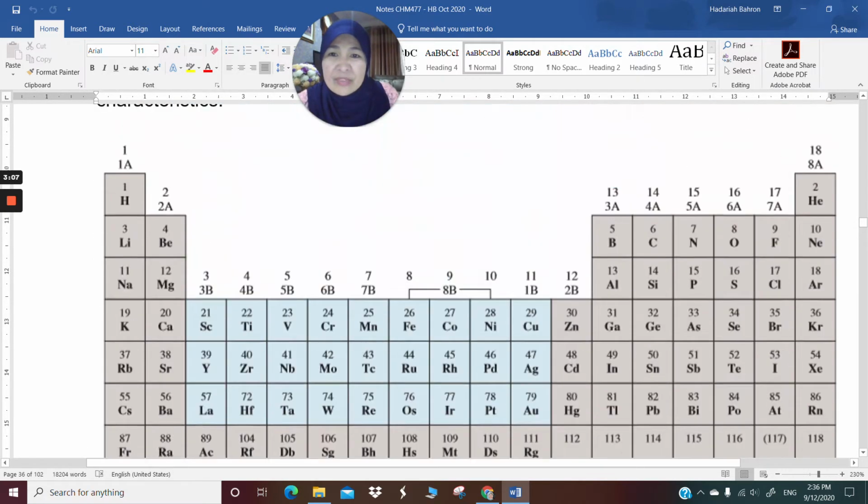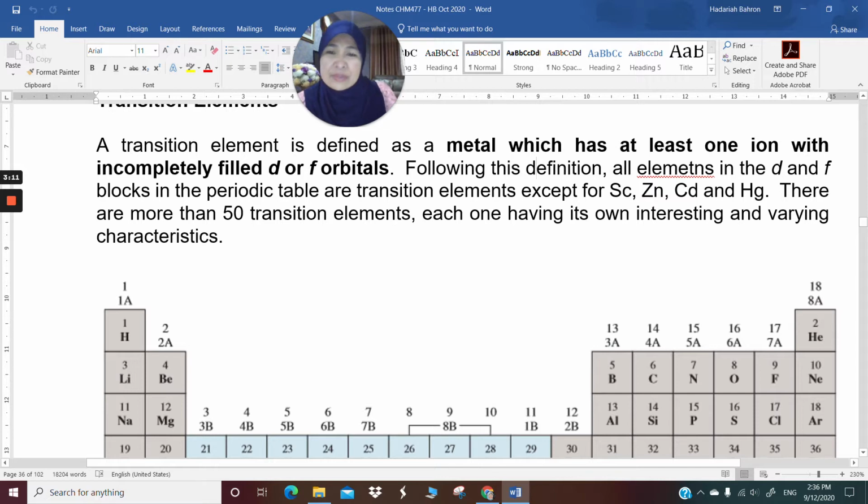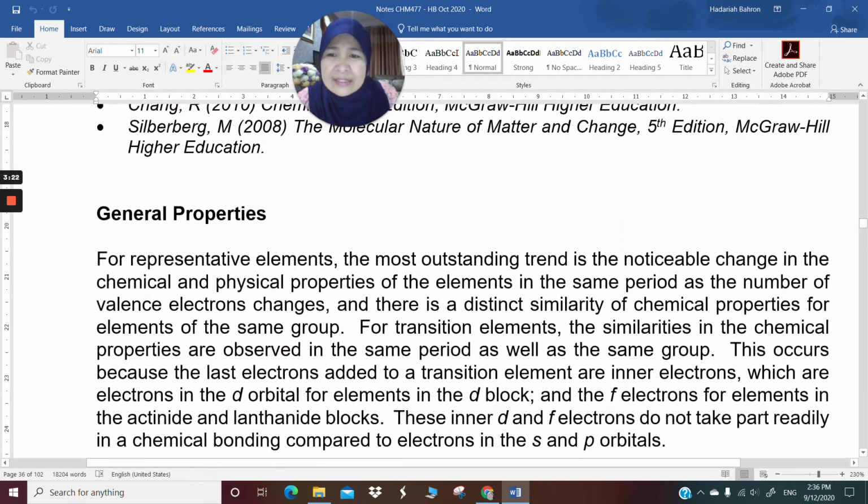Okay, so there are more than 50 transition elements. Each one transition metal has its own interesting and very varying characteristics.